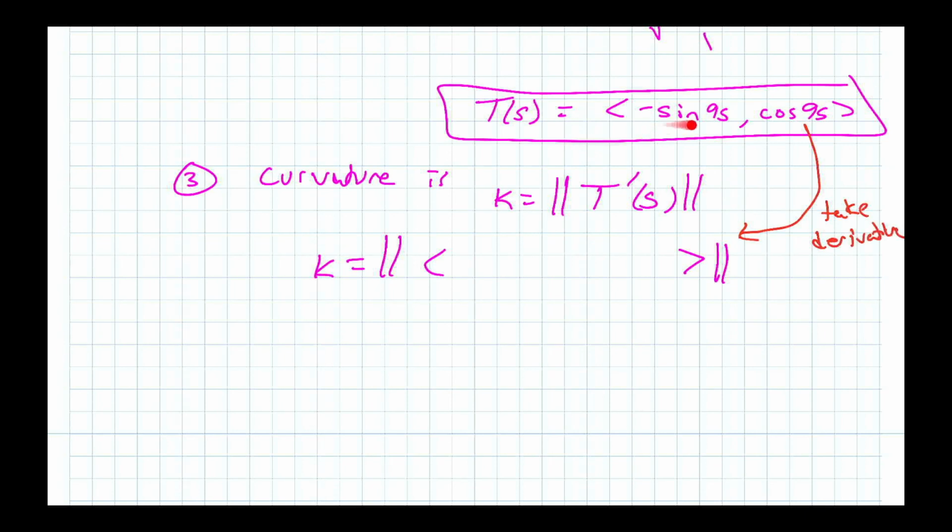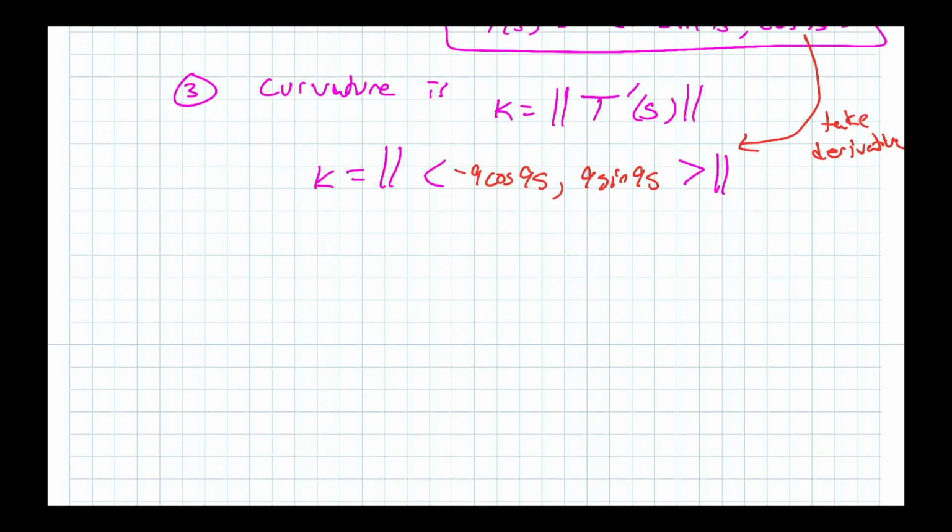So what's the derivative of negative sine 9s? It's going to be negative cosine 9s times 9. So it's going to be negative 9 cosine 9s. And then the other one is going to be 9 sine 9s. So we take those derivatives. Then we need to do the magnitude of this vector.